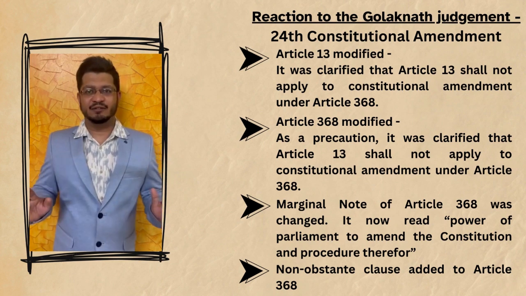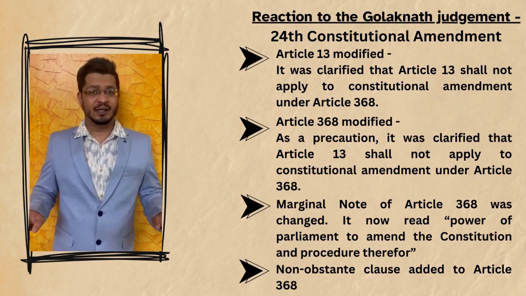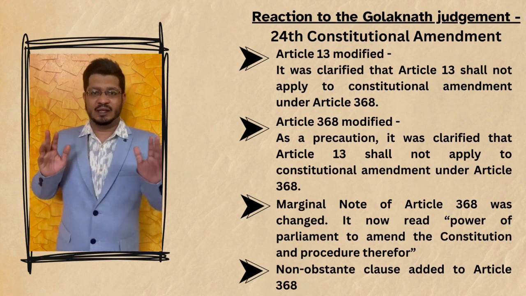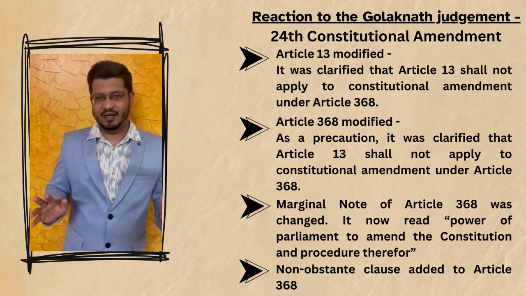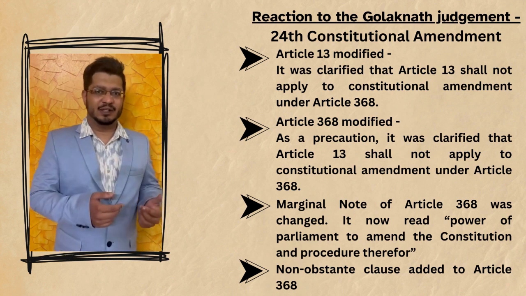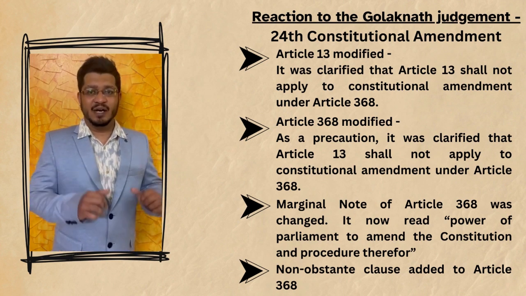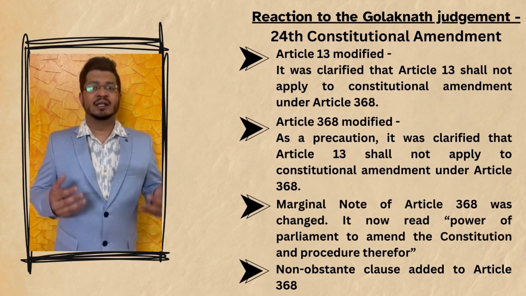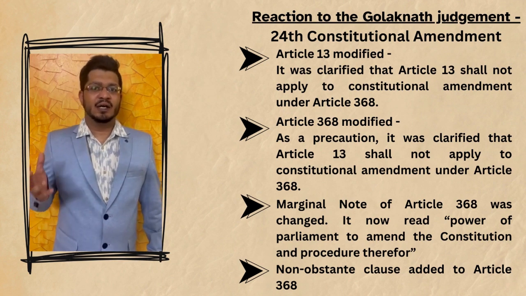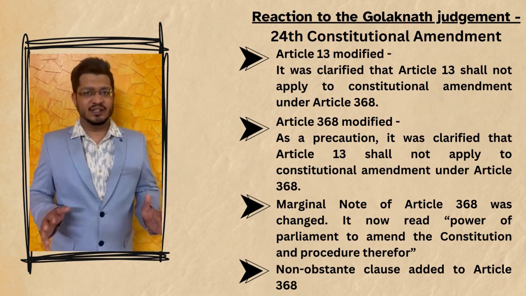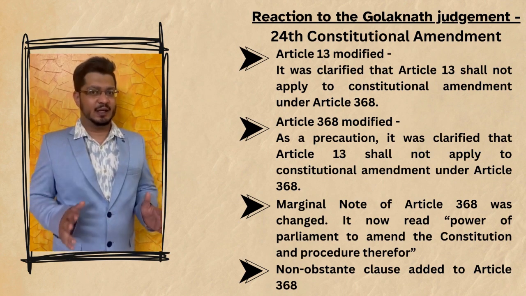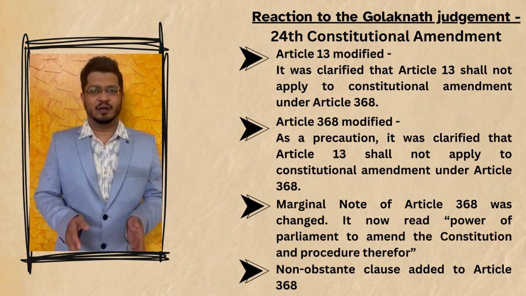Number 1, it was clarified that Article 13 shall not apply to constitutional amendments under Article 368. Number 2, as a matter of ample precaution, it was clarified in Article 368 that Article 13 shall not be applicable to any of the amendments implemented under Article 368. Number 3, the marginal note of Article 368 was changed. Like we saw previously, in the Constitution as enacted in 1949, the marginal note to Article 368 was procedure for amendment of the Constitution.